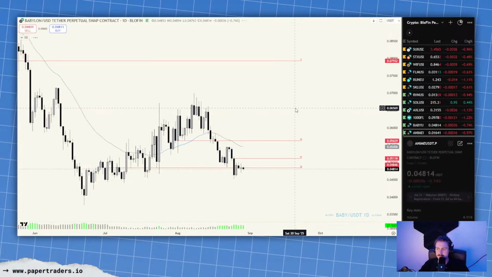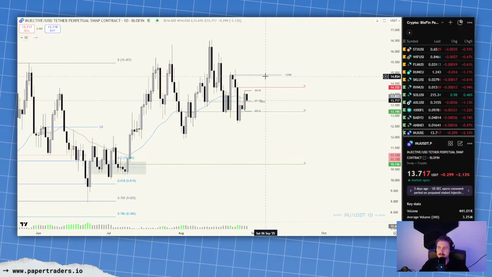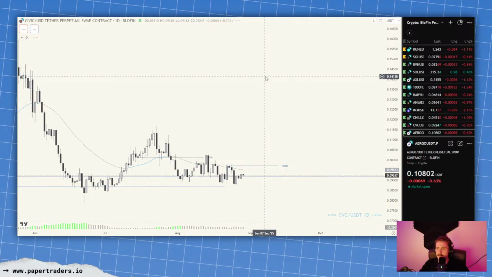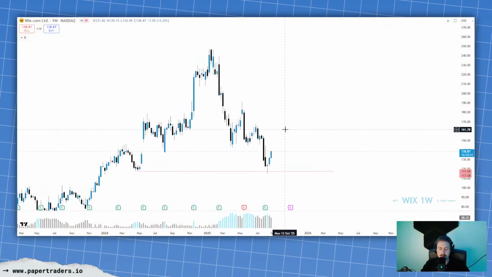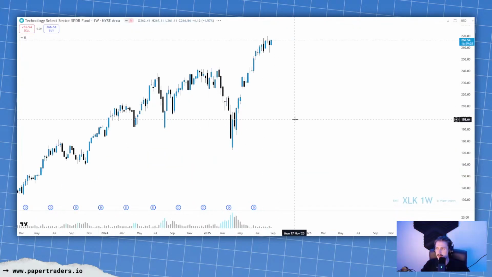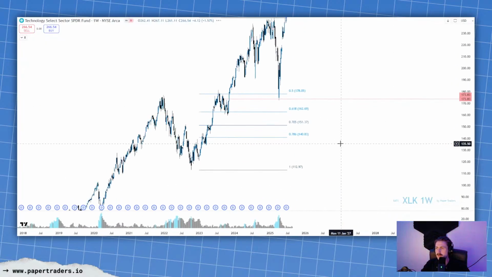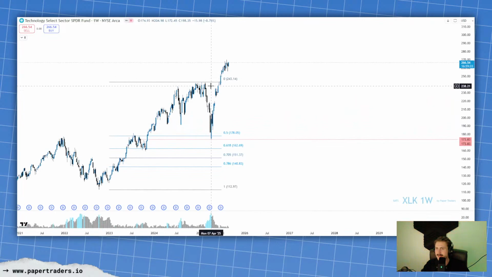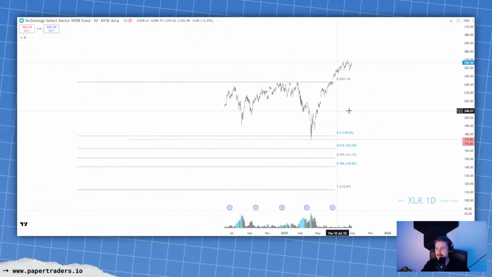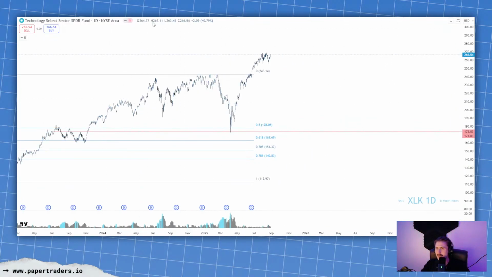Oh, Apple's doing really good. That XLK outline we did, that tech sector has just played out so well. 0.5 tap and go. Insanity. Back in April. Sweep of all of that.